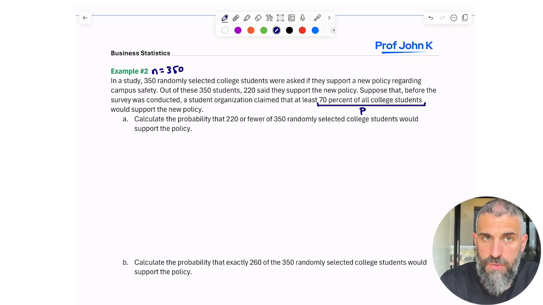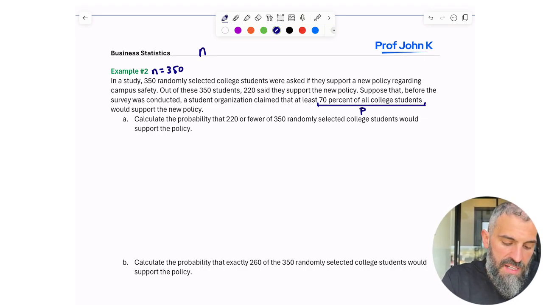Now, this is a binomial question. I never talked about normal distributions. It has all the characteristics. There's a repetition, there's a probability, there's only 2 possible outcomes, either they support it or they don't, and every student is independent. But the sample size is so big, right?